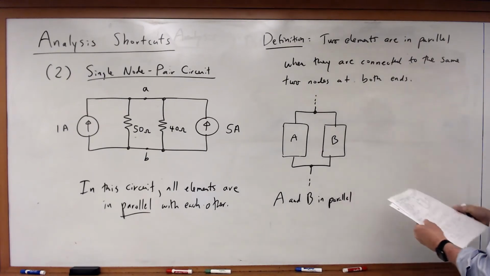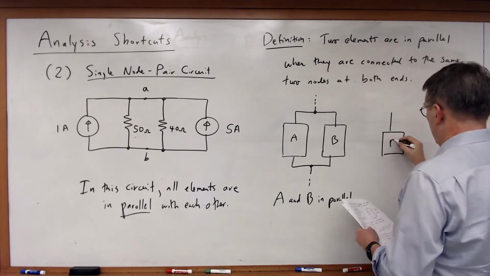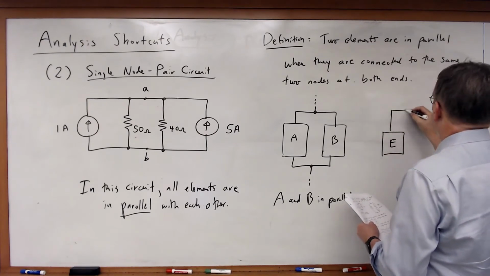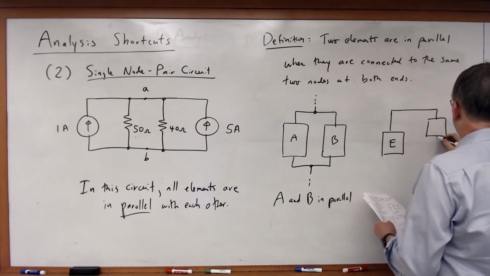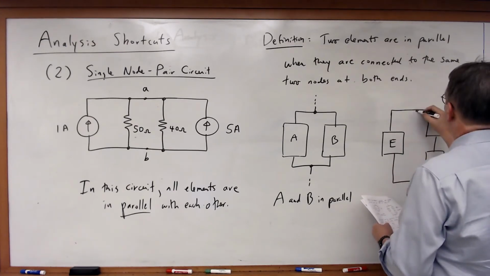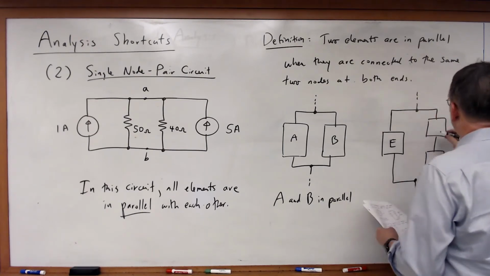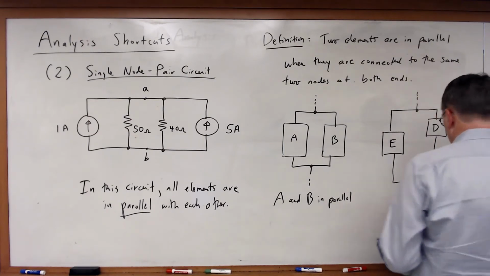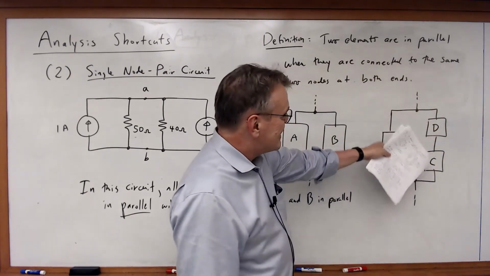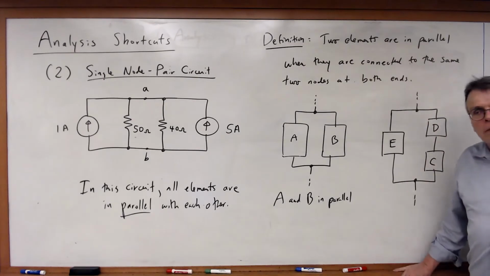What if I have this on the other hand? So here I've got elements C, D, and E. Are these in parallel?